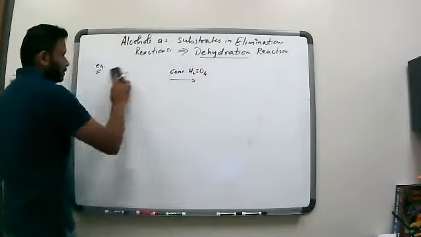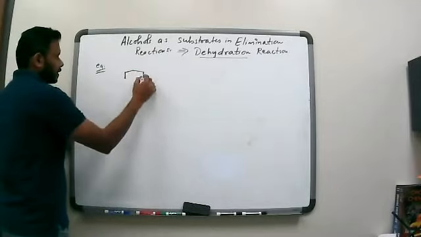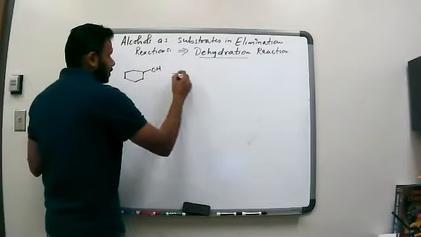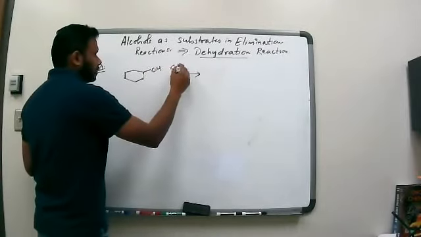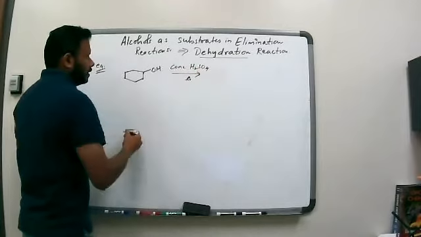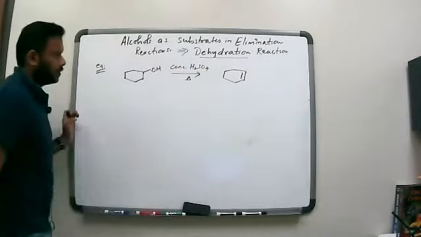In fact, let's do the example that you actually do in the lab. Let's start with cyclohexanol, and you react this with sulfuric acid with heat, and you make cyclohexene.